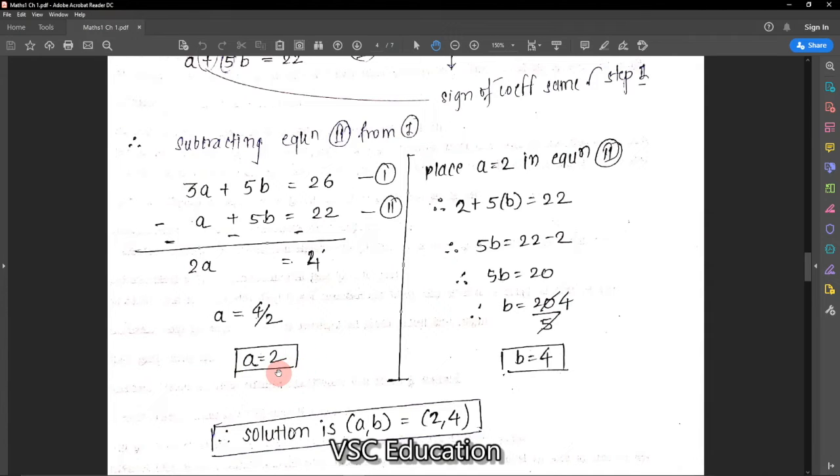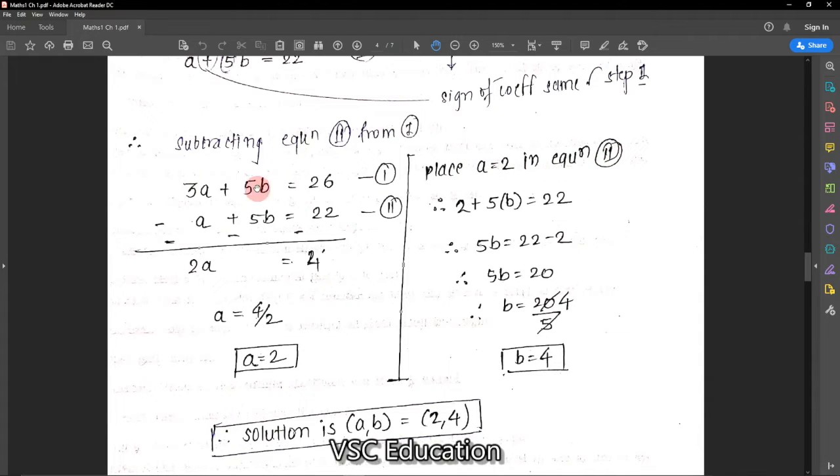Right? Now what do we do? Remember, this value of a we put in any equation which is easier for us. So we put this value of a in equation 2. Write down, place a is equal to 2 in equation 2.